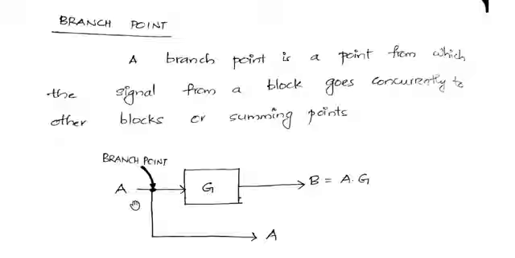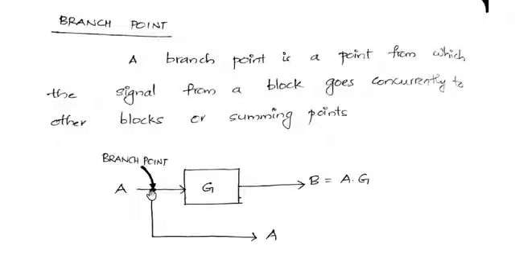This branch is taken from a point where we apply this signal A. So through that particular branch we will be getting this signal A itself. And here in the forward path we are having a system with transfer function G, so the output of this particular block would be A into G.